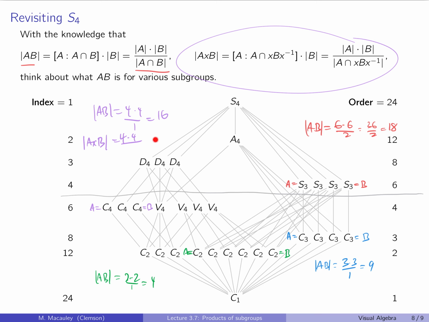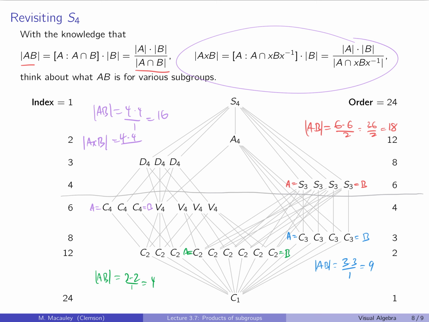We can't have two disjoint double cosets of size 16 in a group of order 24, so we have to have something bigger than 1 here, but these all intersect trivially, so the only way that A and this conjugate of B do not have size 1 is if they're the same.